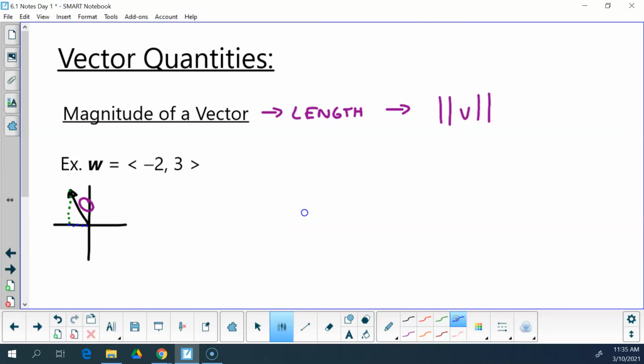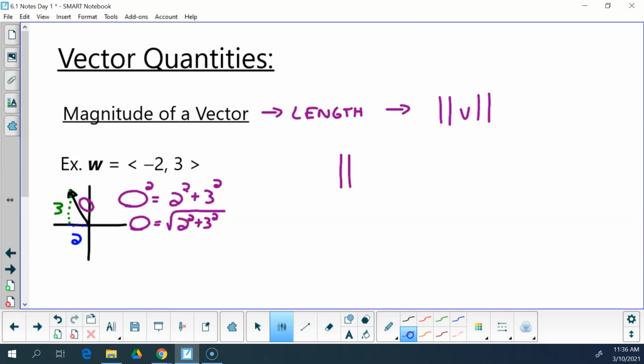If this side here is 2 and this side here is 3, how do I find that missing side? Pythagorean theorem. Exactly. So we would say that that circle squared is equal to 2 squared plus 3 squared. And then we'd say that that circle is equal to the square root of 2 squared plus 3 squared. Right? Well, that's how we find the magnitude.